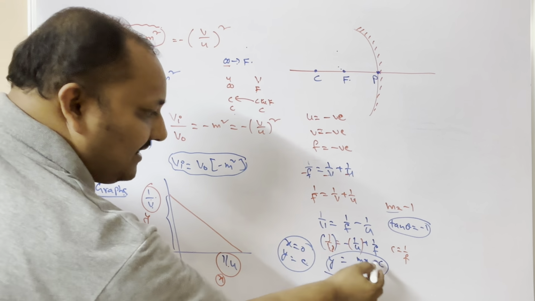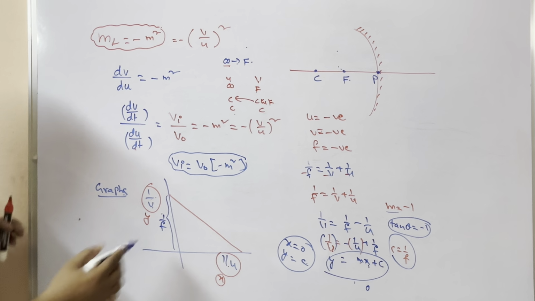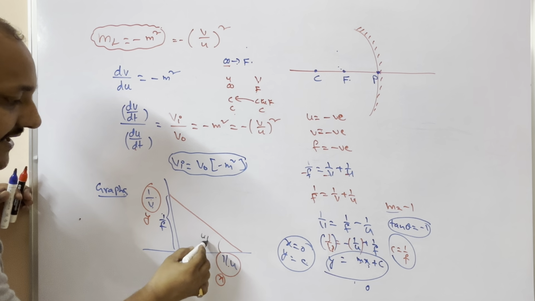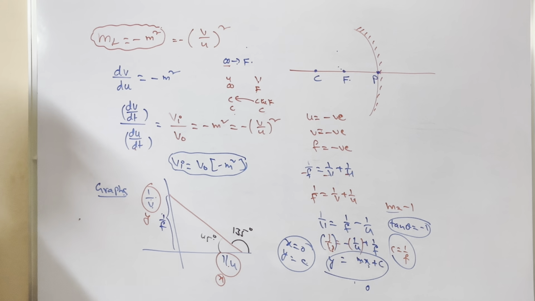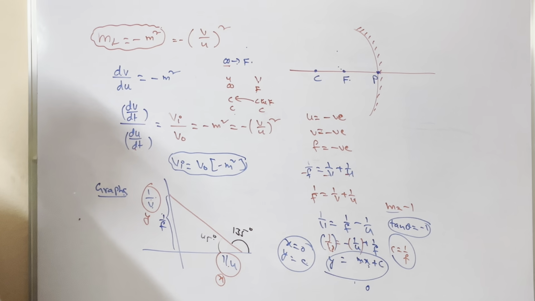What is c here? 1 by f. This is going to be 1 by f from the graph. So this angle is going to be 45 degrees and this angle is going to be 135 degrees. So this is the nature of the graph if you take the object at any point beyond f.